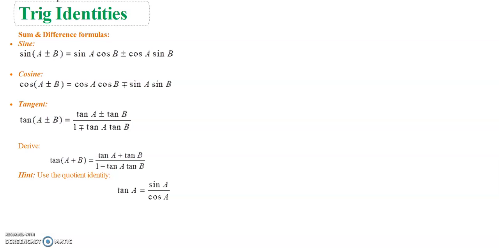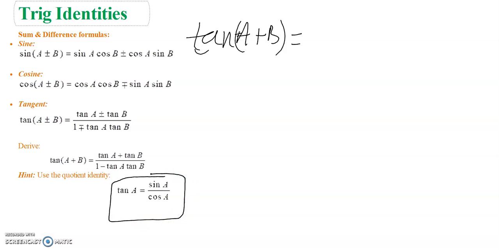So to begin, we have tan A plus B, and we want to verify that this is equal to tan A plus tan B over 1 minus tan A tan B. First we begin with this hint over here, using the quotient identity of tangent, sine A over cos A. In this case we have sine A plus B over cos A plus B.